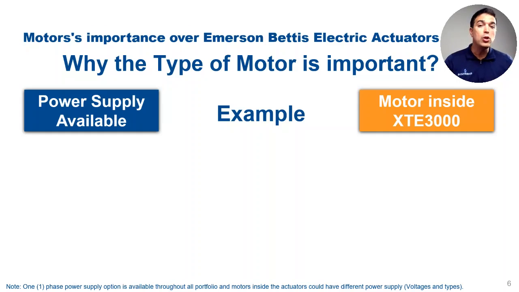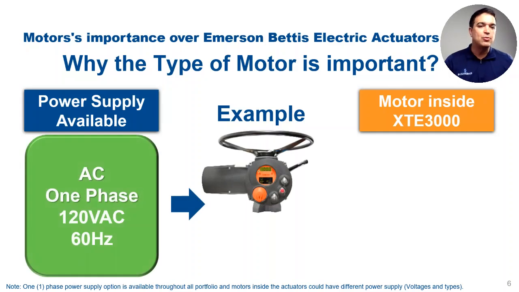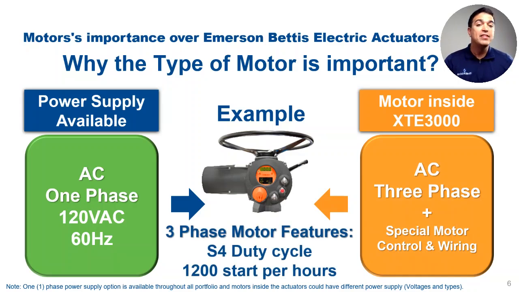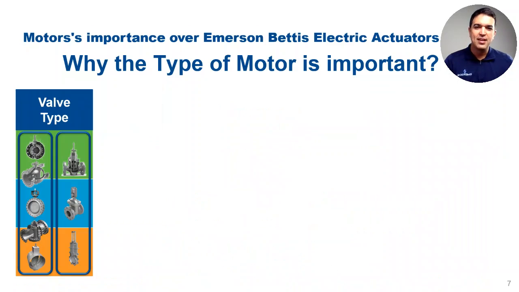Emerson can use most of the motor type features regardless of the power supply available. For example, the XT3000 technology allows a one-phase input power supply, but this actuator can have three-phase motors. Now, the one-phase actuator can have the power factor and efficiency features of the three-phase motor.